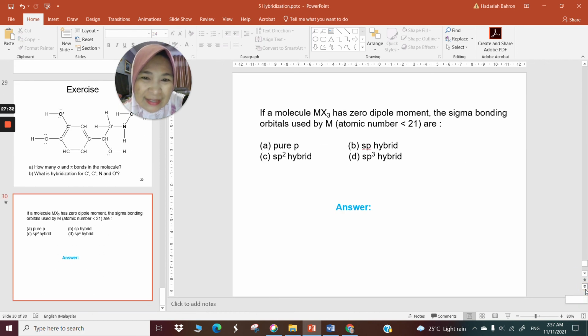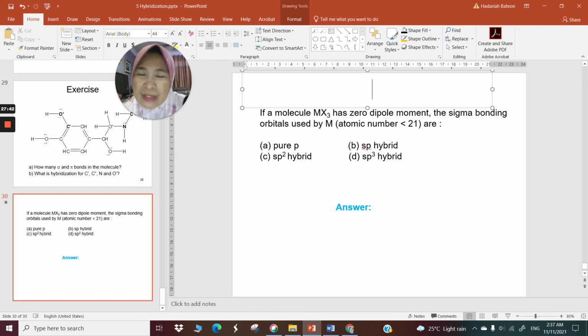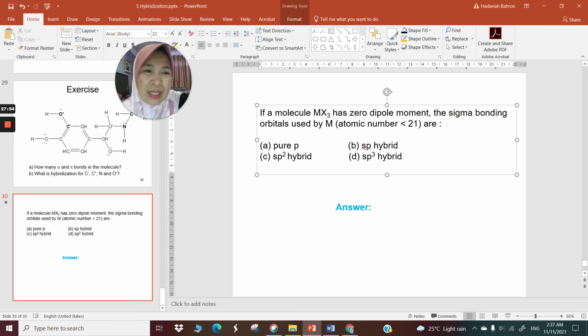And the next question is, if a molecule MX3 has zero dipole moment, that means it is non-polar. Zero dipole moment makes a non-polar molecule. The sigma bonding orbitals used by M, M is your central atom, which has atomic number bigger than 21.